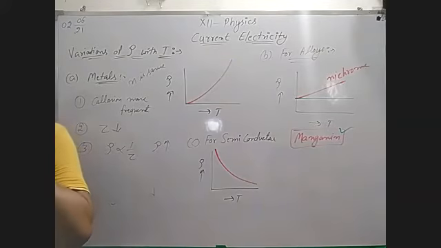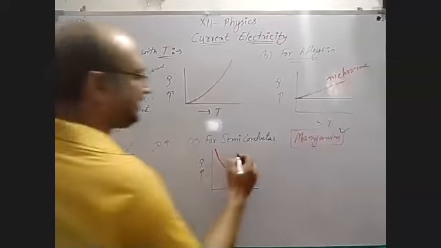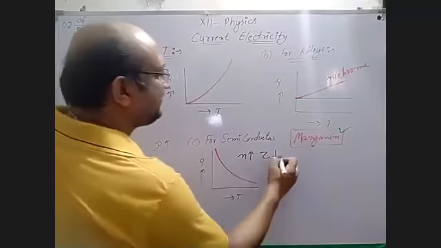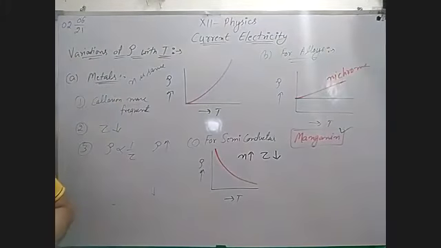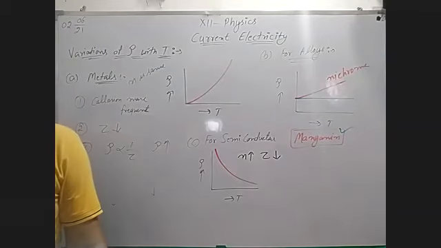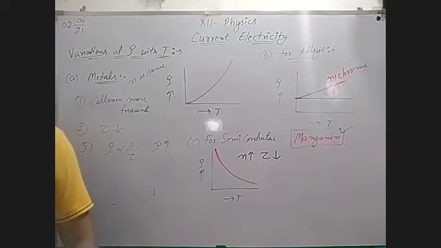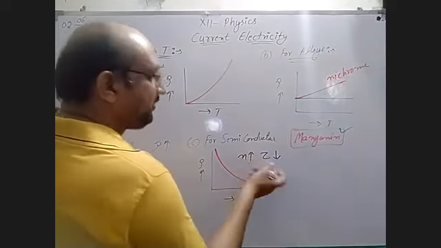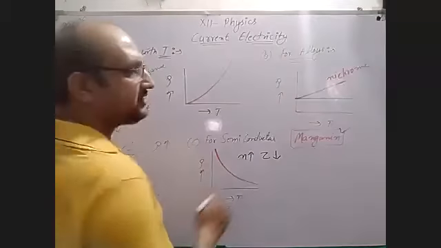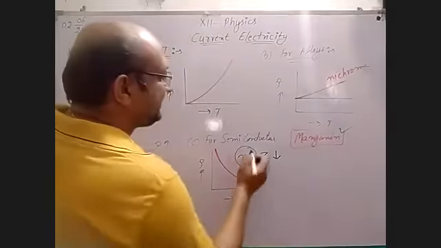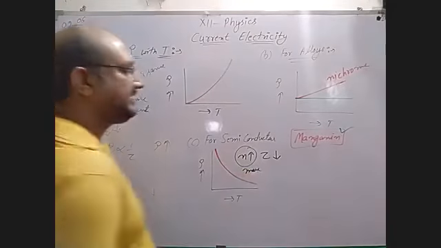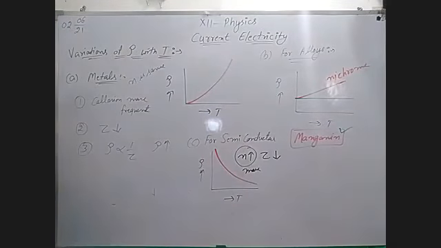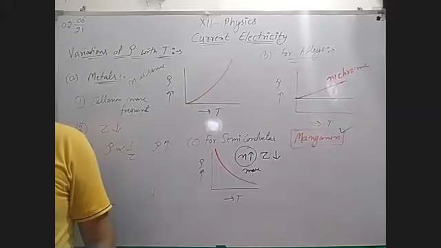As the temperature increases, number density increases, and relaxation time decreases. But the increase in the number density is more than the decrease in relaxation time. Resistivity is inversely proportional to both, but the number density effect is more rapid.